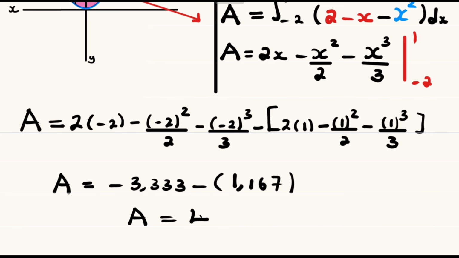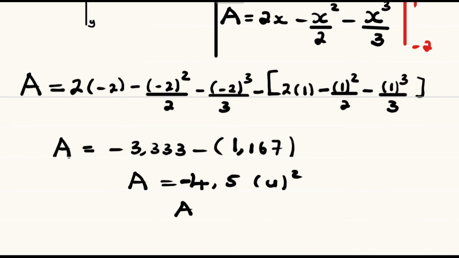I think I was supposed to start by substituting the 1 and then the negative 2, because now our answer is negative and we cannot have a negative area. So our area will be equal 4.5 unit squared.